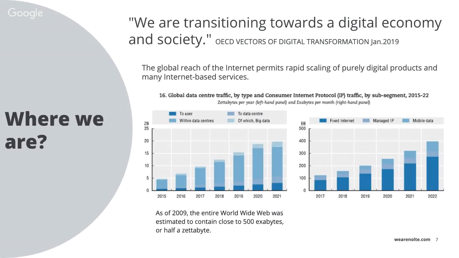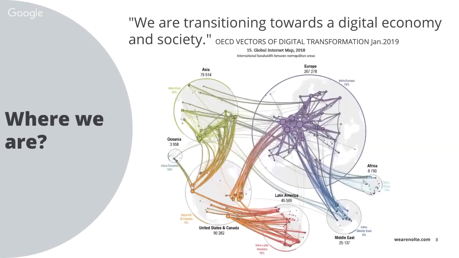This is a huge amount of information. Every year we are exchanging information equal to 40 times the whole World Wide Web. So we live in a really connected world, and these are the different elements that have pushed us to a digital transformation.